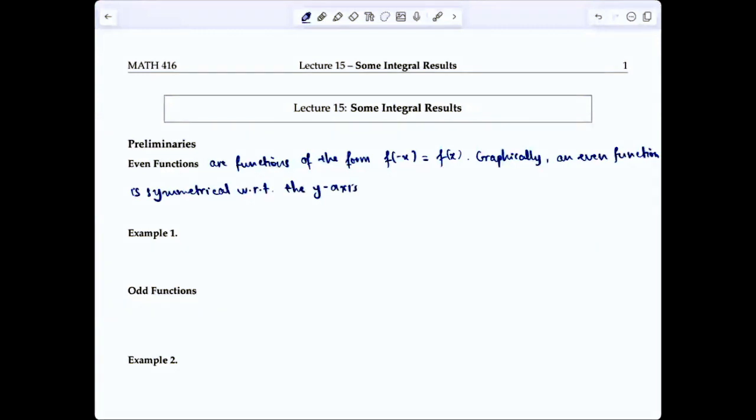Some examples that you have seen many times already are the parabola x squared, the power function x to the 4th, x to the 6th power, or in general x to the n for even integer n.